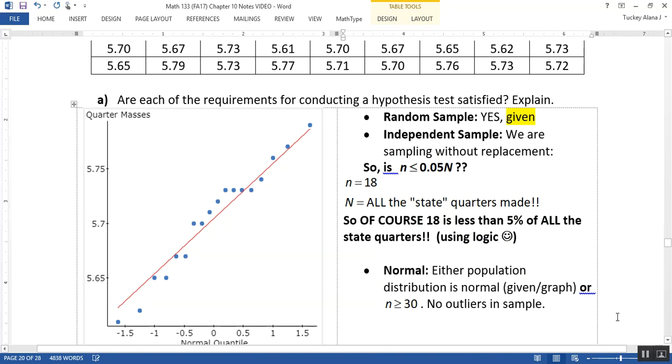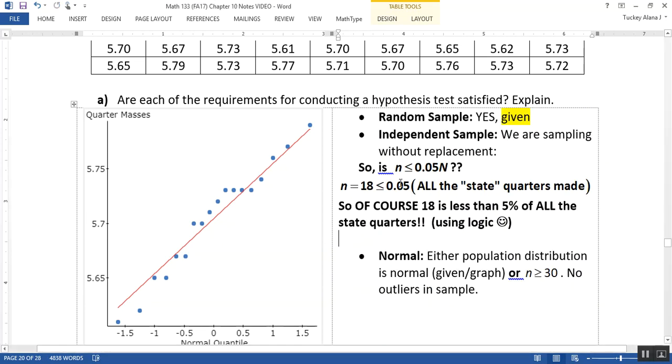So that's another way to do it. When you want to write this, you want to make sure that you're clear on what capital N is and what little n is. A lot of students will just write, yep, that little n is less than 0.05 capital N, but unless you actually write down what it is for this context, you're not really showing the instructor that you know what you're talking about.